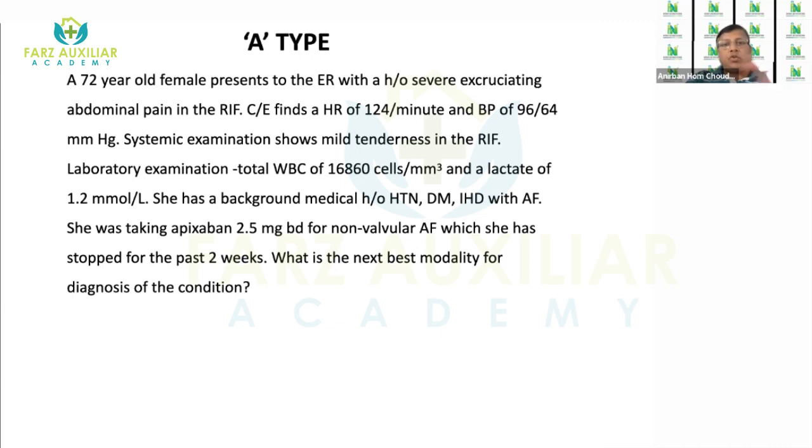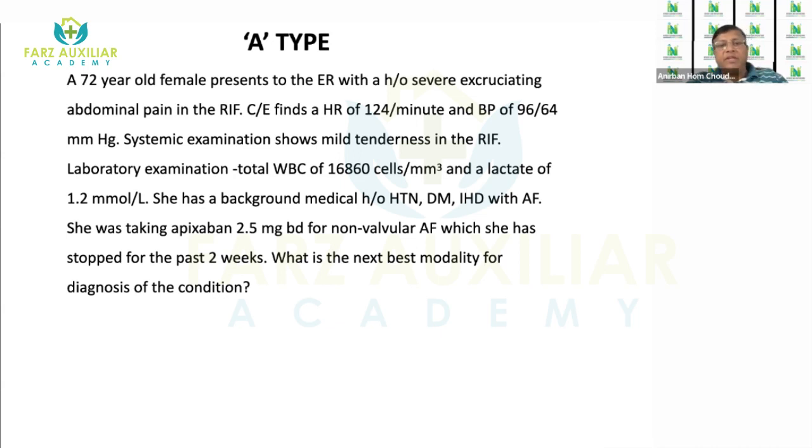Systemic examination shows mild tenderness in the right iliac fossa. So please note that the patient is having severe excruciating abdominal pain in the right iliac fossa, but showing only mild tenderness. Laboratory examination shows a total WBC of 16,860, lactate of 1.2.